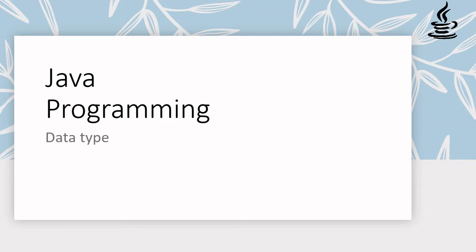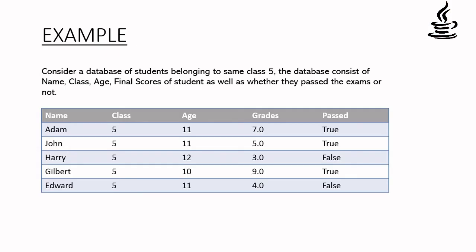For example, consider we have a database of a class of students. In this database we have the name of the different students, the class in which they study, the age of the different students, the marks or the grade scored by them in their respective examination, and whether they passed the exam or not. As you can clearly see, the same database consists of three different kinds of values.